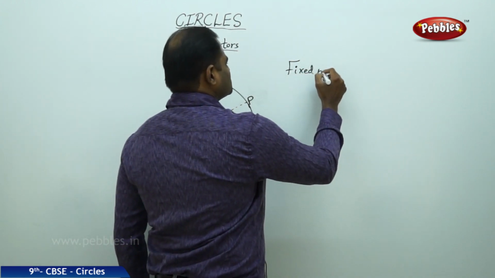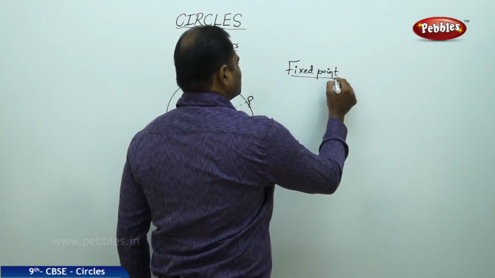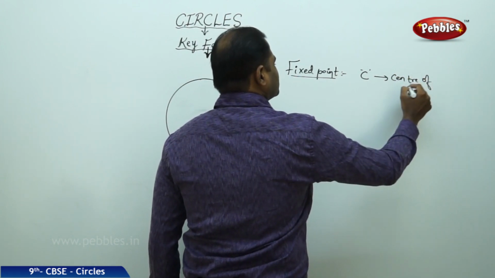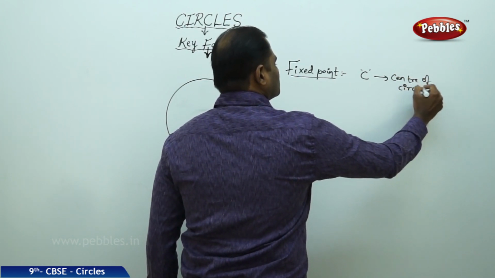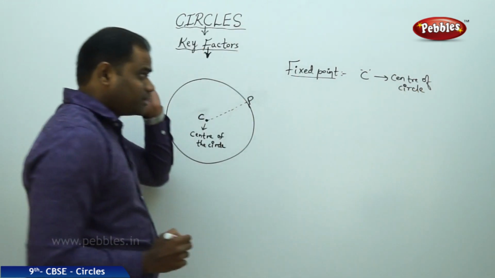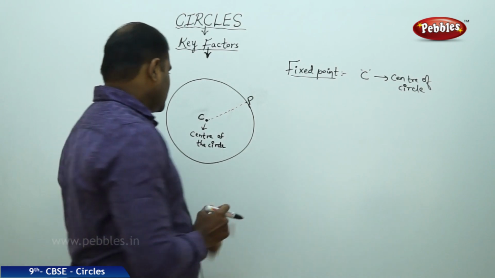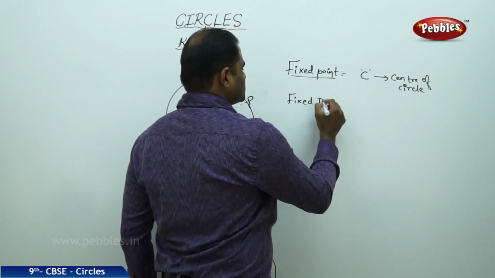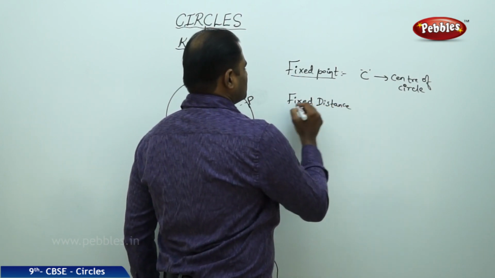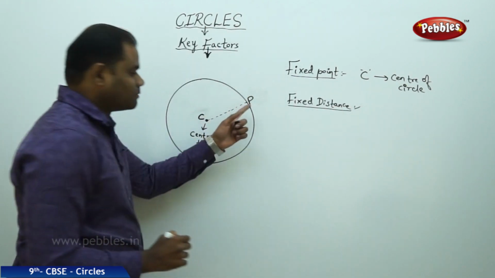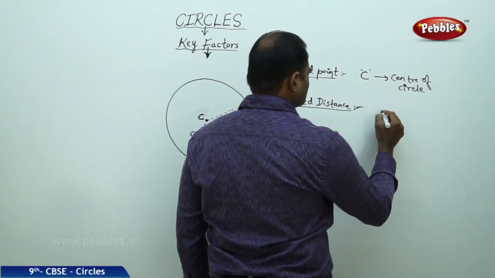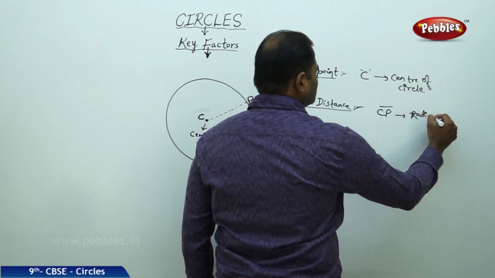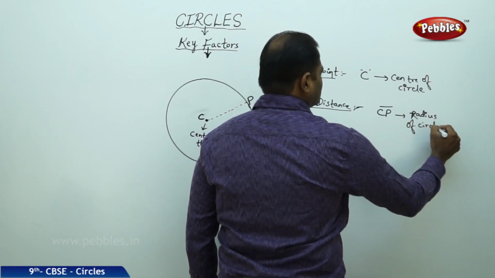Initially, the fixed point denoted by C is called the center of the circle. The fixed point C is called the center of the circle, and the distance from the center to any point, that is the fixed distance, CP, is called the radius of the circle.